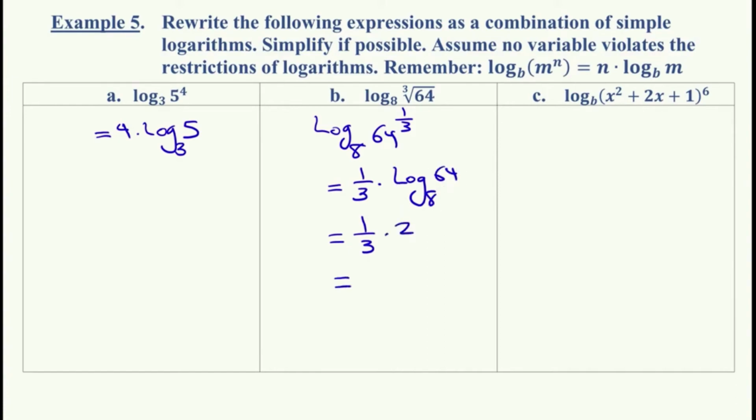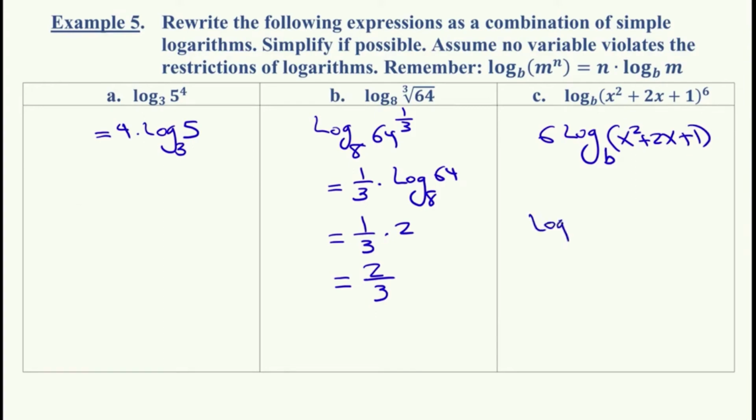So times 2, so the final answer we'll write as 2/3. Now here we're going to go ahead and just bring the 6 down, and we get log base b of quantity, parentheses are mandatory here, just like that, and we're done. There's nothing else we can do.